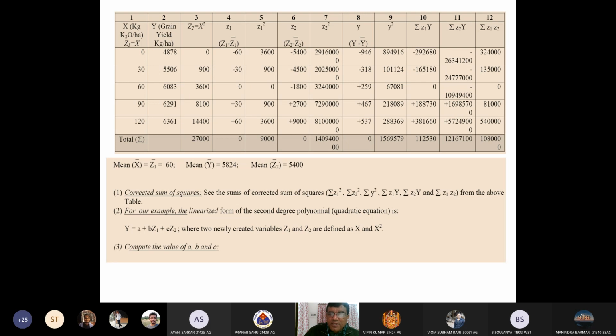After converting into a linear equation, the simple procedure of regression analysis can be employed here. So the equation has been linearized: Y is equal to A plus B Z1 plus C Z2. Z1 is in place of X.